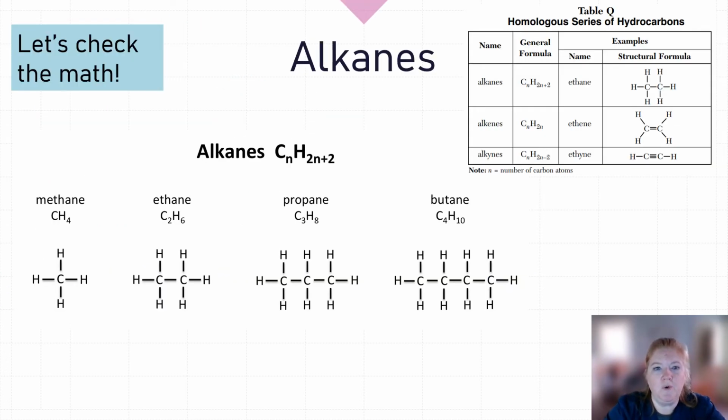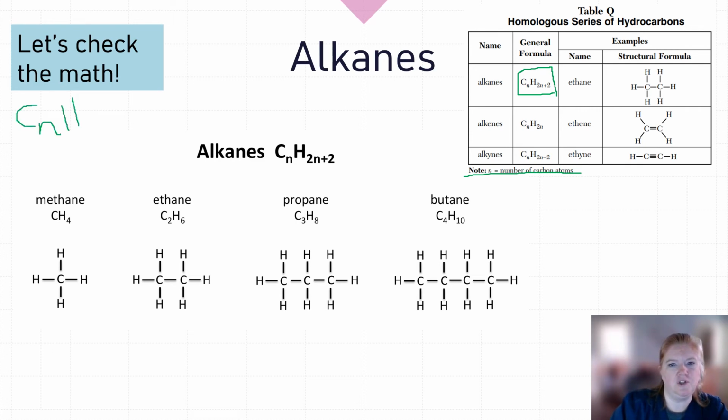All right, so look at these alkanes. Let's check the math. What do I mean by that? Here is the general formula for alkanes, and down here it tells me n represents the number of carbon atoms. CnH2n+2. In methane, how many carbons do we have? 1.